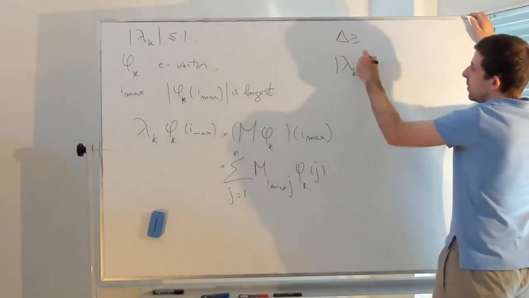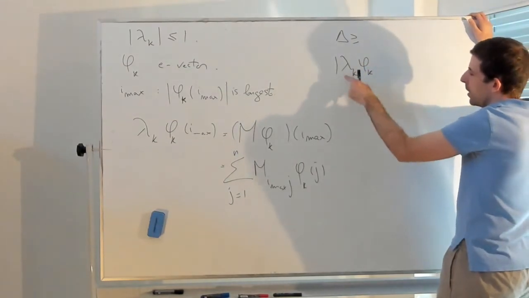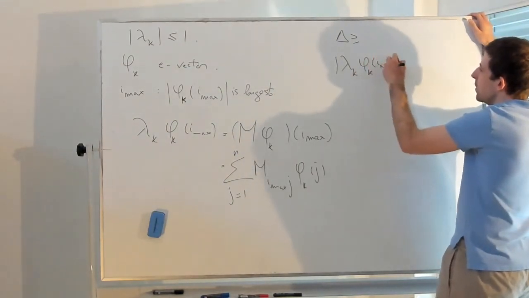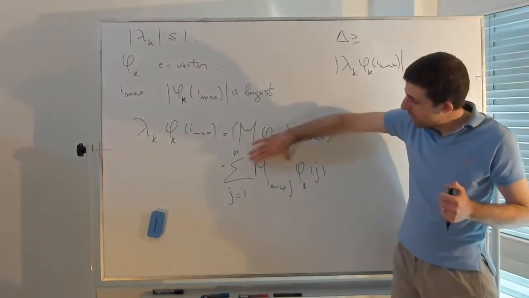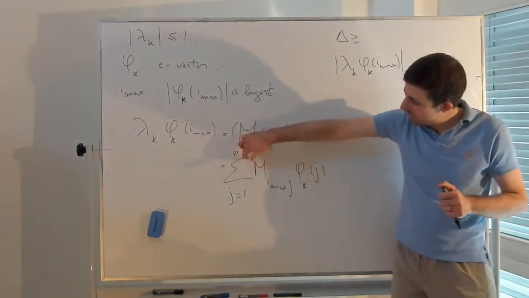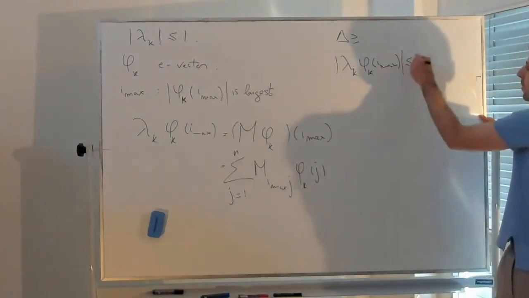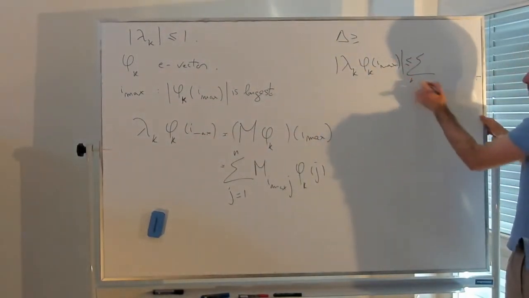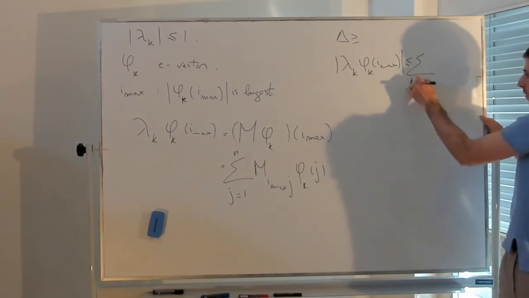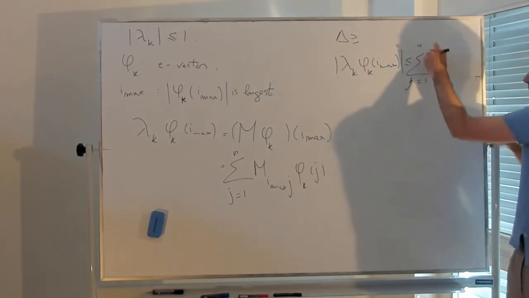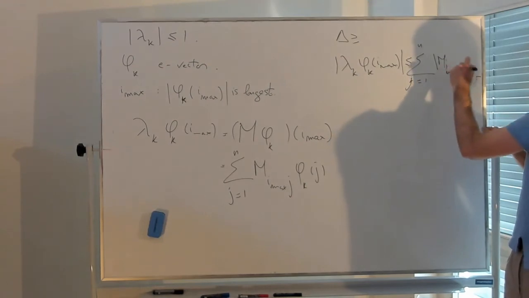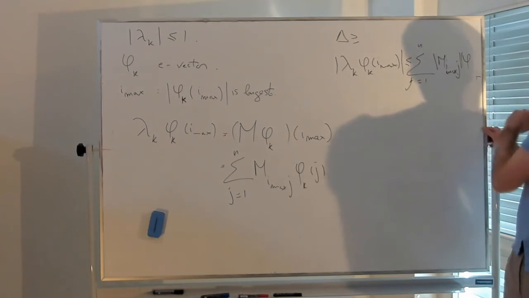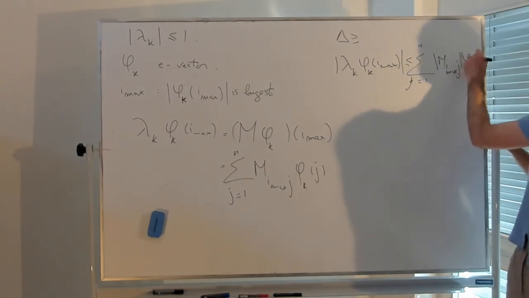lambda k phi k I max is equal to the absolute value of this sum. By triangular inequality, this is smaller or equal than the sum of the absolute values of M I max j phi k j.